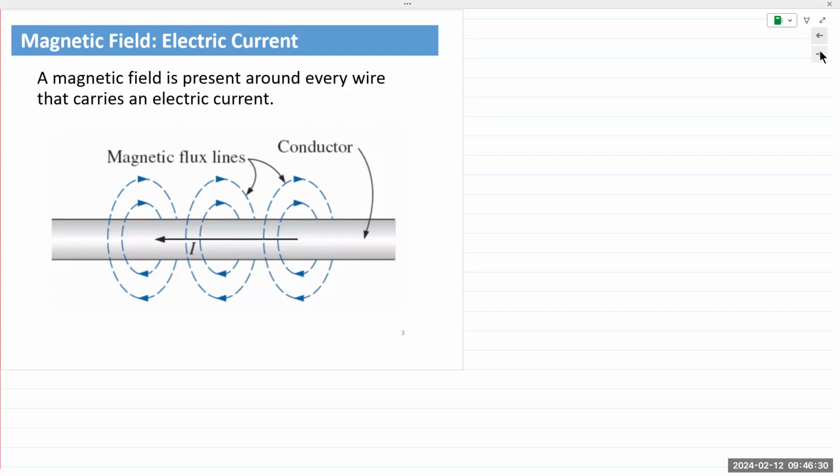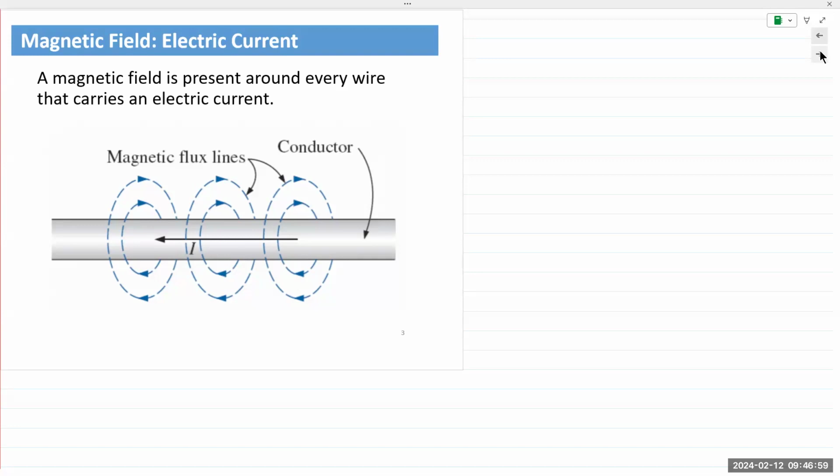HDMI cables are always very short, about 3 feet or 6 feet, not longer than 10 feet. I've used ones which are like 15 feet or 25 feet long. But at that length, the resistance of the cable rises to the level of interference, and the video signal being sent by your device does not reach the display at the other end. So you need very high quality cables that actually shield the interference.